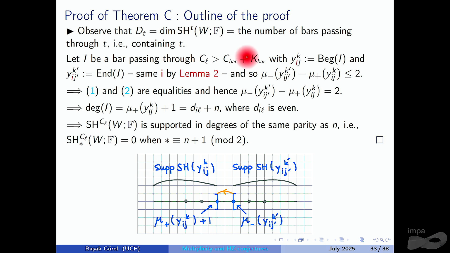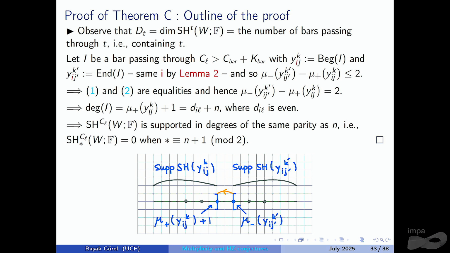Okay, so then in fact, this is a direct consequence of the fact that this is the beginning and this is the end of a bar. That follows from the very beginning of this. It's a part of assigning the closed orbit to a beginning and end of a bar. So this is a general fact.